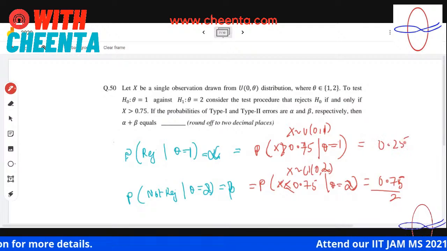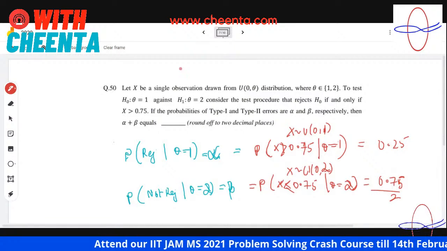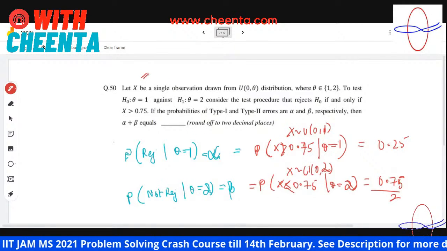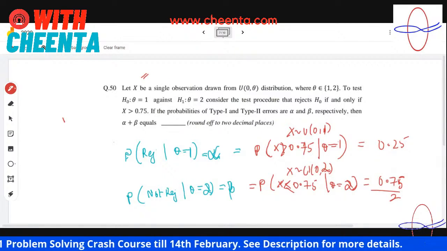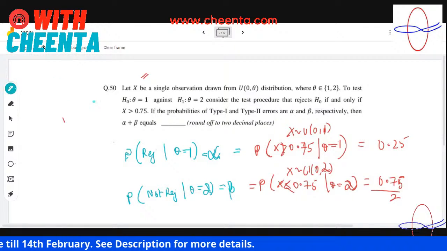So add it up, you can get the values, right? Very easy stuff. Just basic definitions, guys. It's a basic understanding of test of hypothesis.